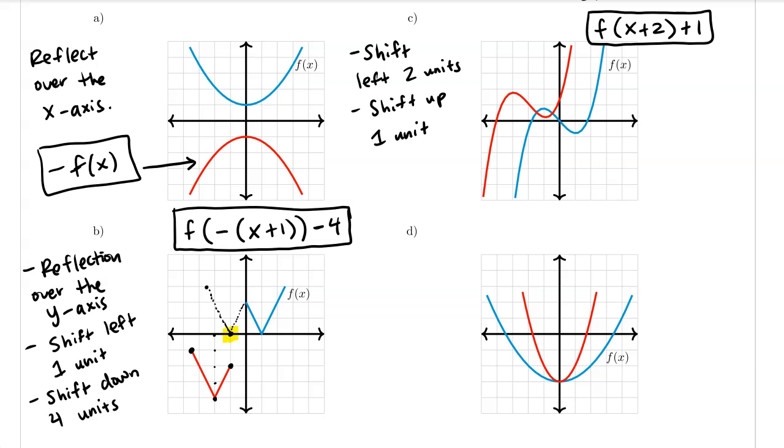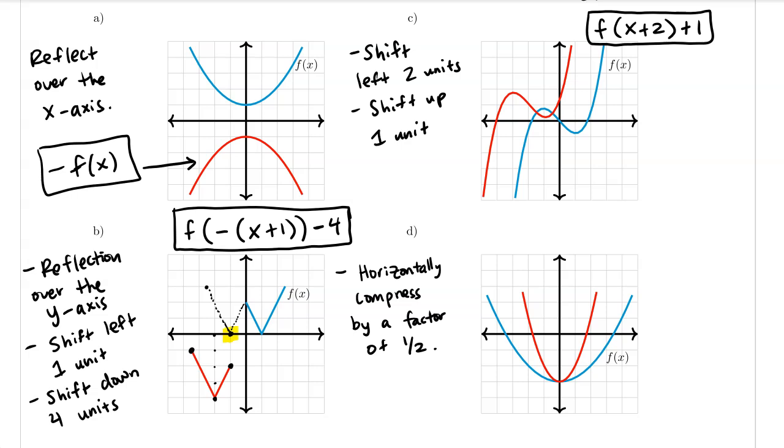So another way that we can say that is that the graph has a horizontal shrink or a horizontal compression. So, horizontally compress or shrink by a factor of 1/2.